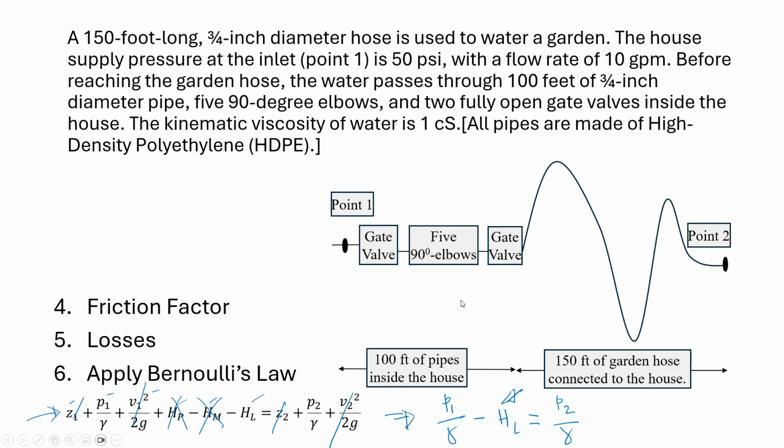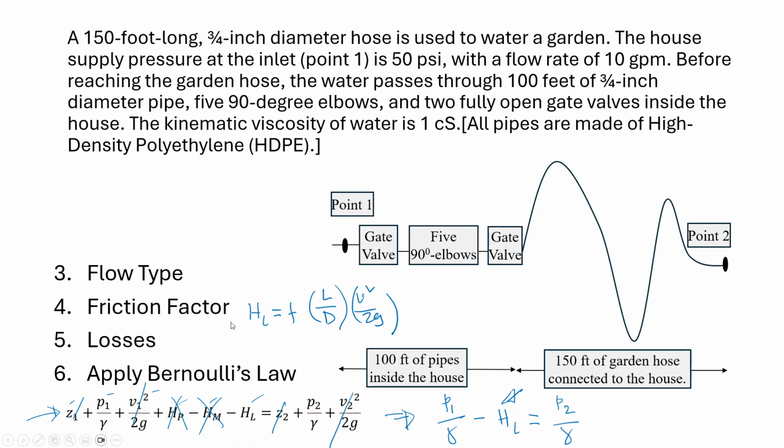To calculate losses, you need to find the friction factor, because Darcy's equation has a friction factor in it. The head loss is equal to the friction factor times L, the length of pipe, divided by the diameter, times the velocity head, v squared by 2g.